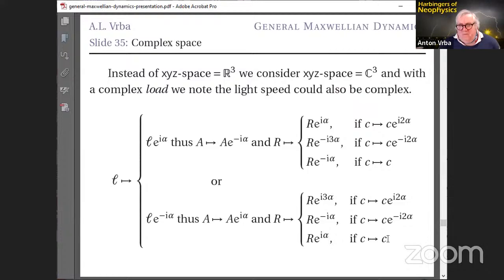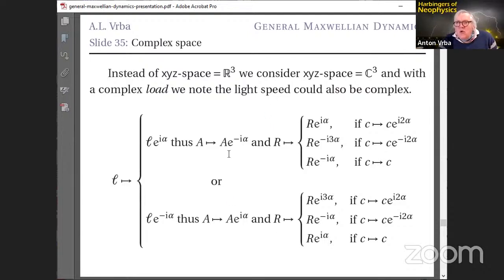And going back to those equations, we can find that if I make the load times e to the I alpha, I then have 3 solutions for it, that I've got a complex speed of light, or real speed of light, and the same for minus alpha.